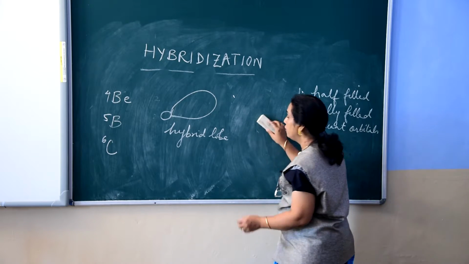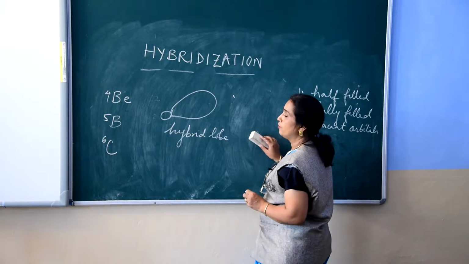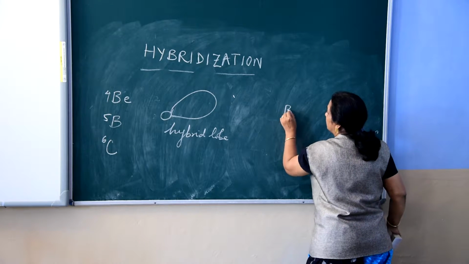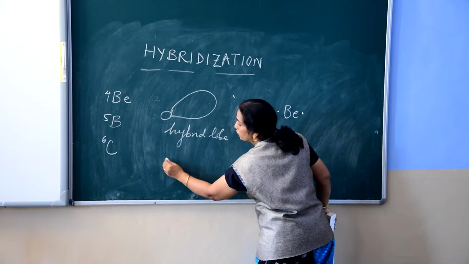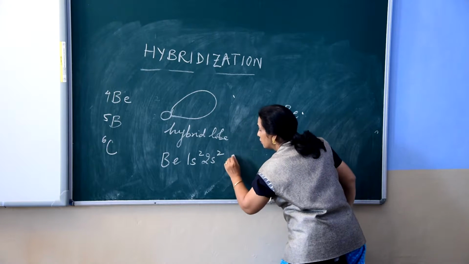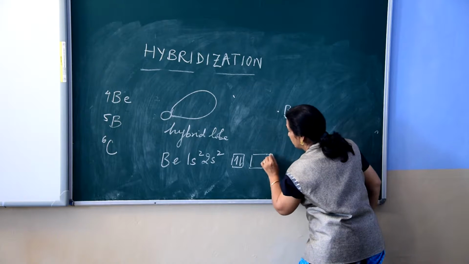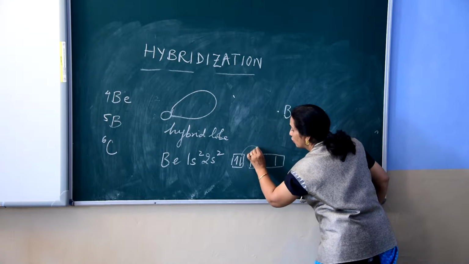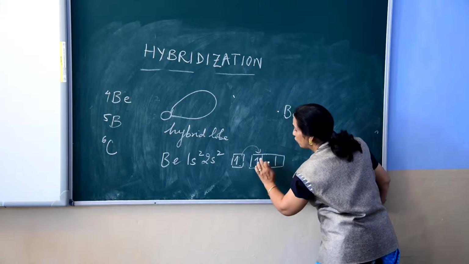For example, if we consider the simple formation of beryllium fluoride, beryllium has 2 electrons in its 2s shell, 1s2, 2s2; we are not considering 1s. Out of these 2 electrons, one electron, after gaining energy, moves over here.